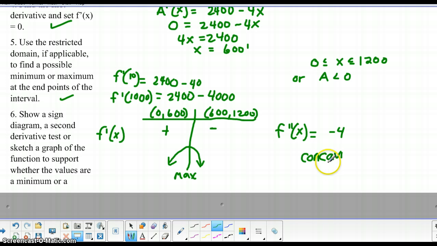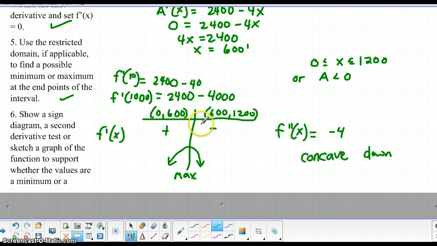So this also proves that it's a maximum value, because the graph would have to be concave down at this point. So we've proven it both ways that our 600 is our maximum.